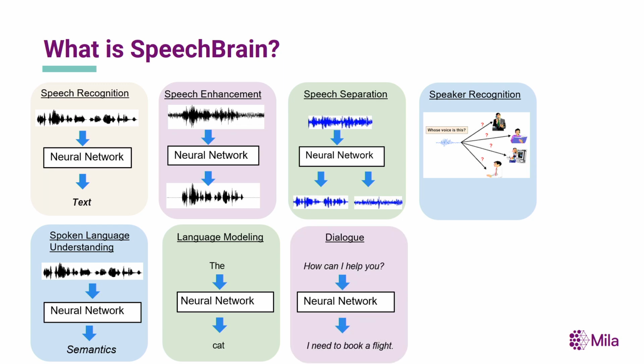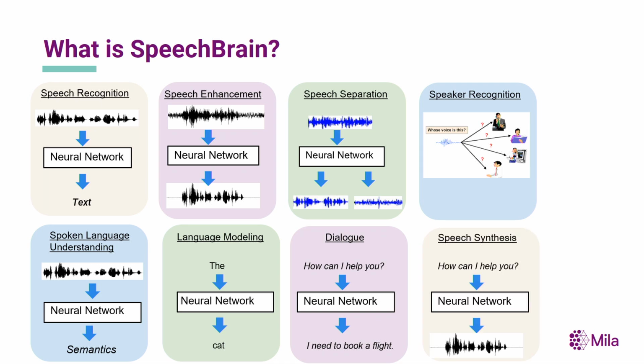Dialogue technology allows you to reply when you have some kind of input. And we also have speech synthesis, which is about creating voices. We actually have many, many more of these technologies, so you can take a look at our website for a full list. We have a system for emotion recognition these days, for language identification, and many other speech-related technologies.